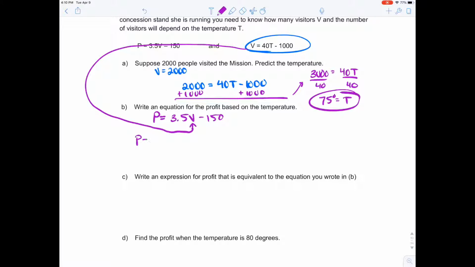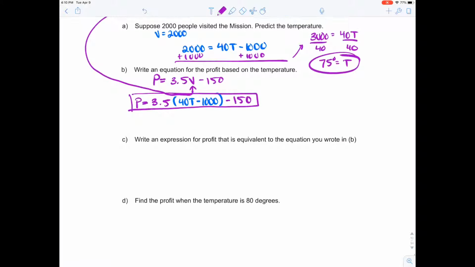So we are going to take this equation for V and substitute it in for V in this other equation. So now I have something like this. P is equal to 3.5 times the quantity, right, times V. And we know V is equal to 40T minus 1000. And then, of course, we finish off our P equation. This minus 150 is still there. So you can either stop here, right?